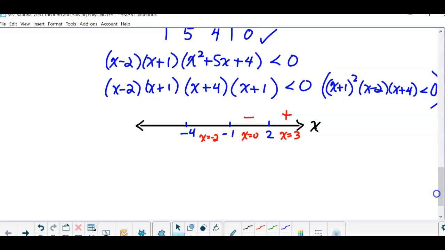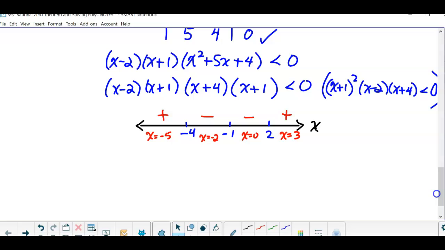Another negative, so that would be -4 times the positive is a negative. And then let's say -5. So that's going to be negative times a negative is a positive. So in this case, it doesn't alternate, and that's because it has a multiplicity of 2.